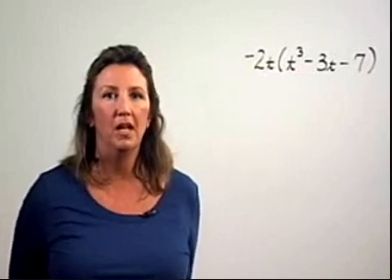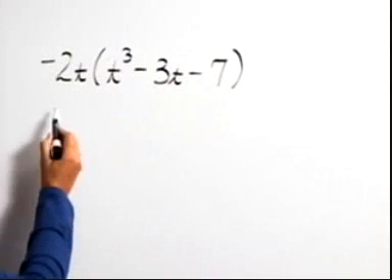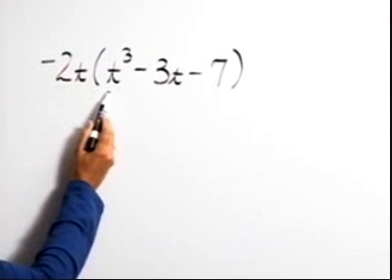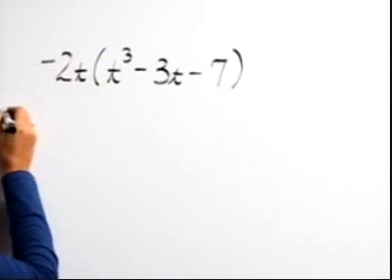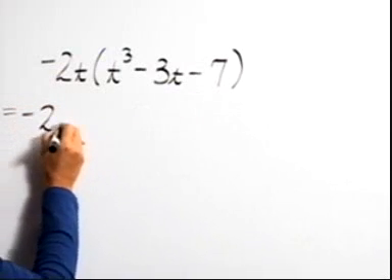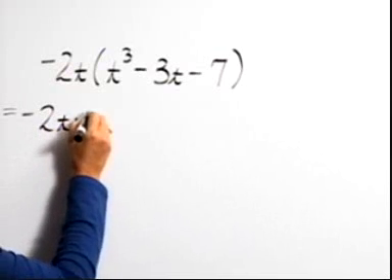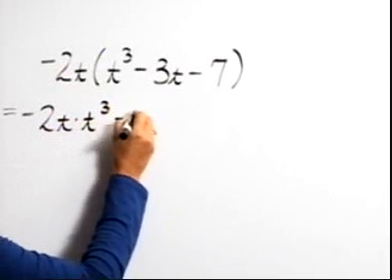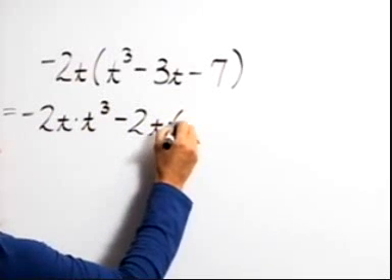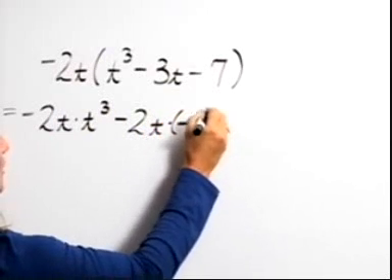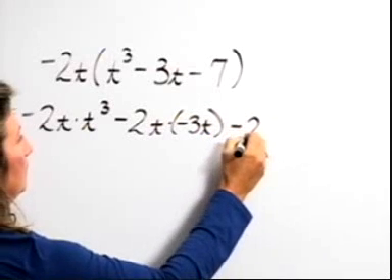We're going to multiply negative 2t times t to the third minus 3t minus 7. We'll start by multiplying each term inside our parentheses by the negative 2t on the outside.